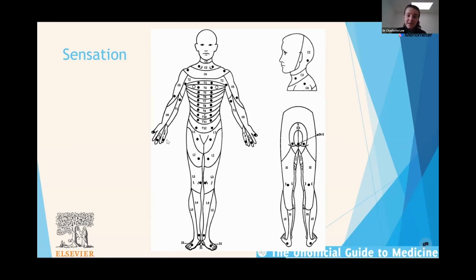So L3 knee, L4 indoors, L5 outside. But you will be testing L5 on the first web space of the toes, because it goes from the outside of the lower leg across the dorsum of the foot towards the big toe. So just have a note of where those dermatomes are on the legs.